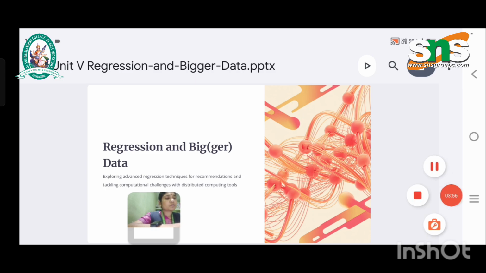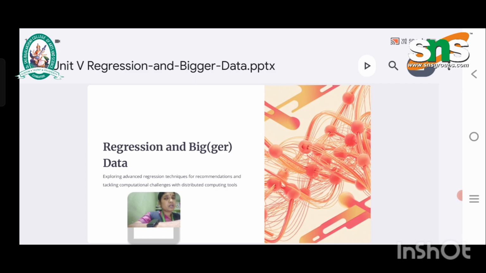Here, what are the applications of regression and how will they be useful to us? The applications of regression are predicting house prices, forecasting trends, identifying risk factors, and making decisions, which are the applications of prediction.